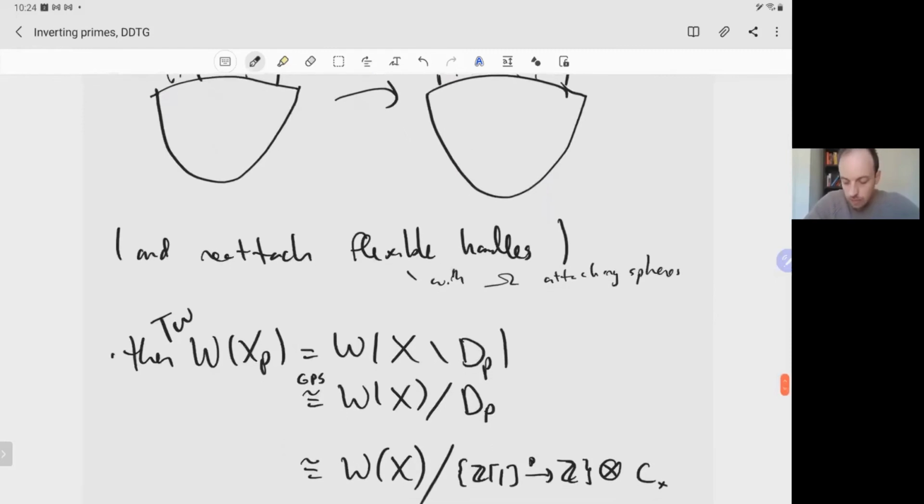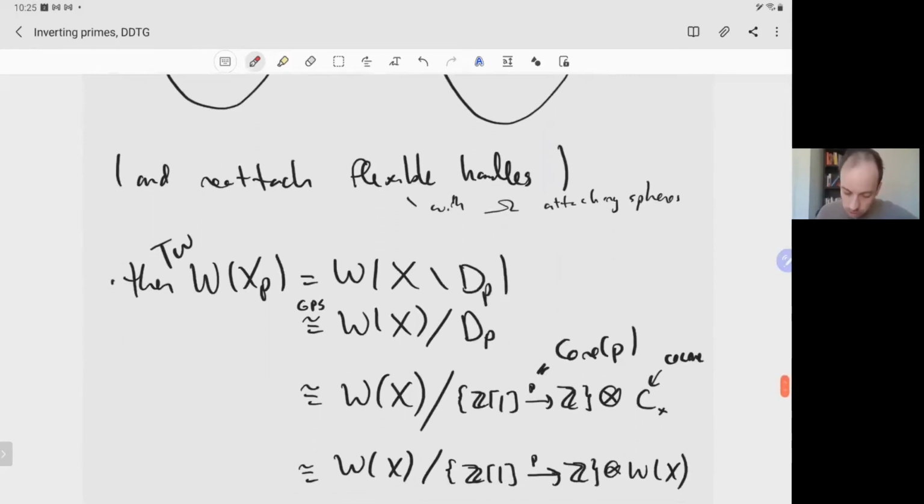Now the D_P disks are all of the form this cone of P, this particular chain complex, tensor the cotangent fiber. That was a computation in the earlier work. Now the fiber becomes the cocore. So this is what this D_P disk looks like in the Fukaya category of X, where this is the cocore of X.